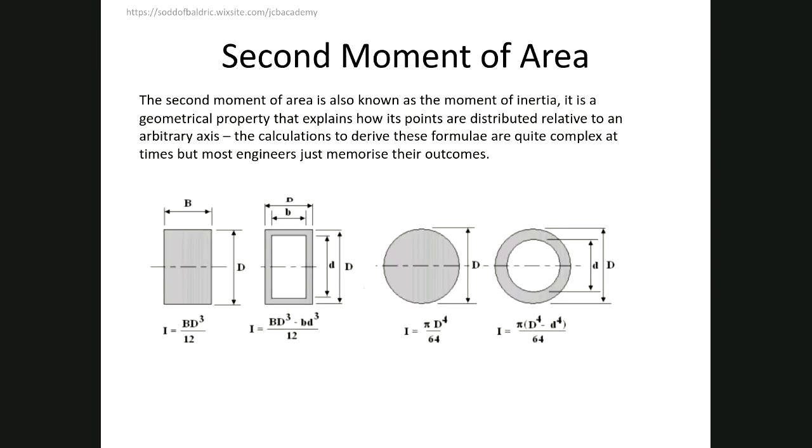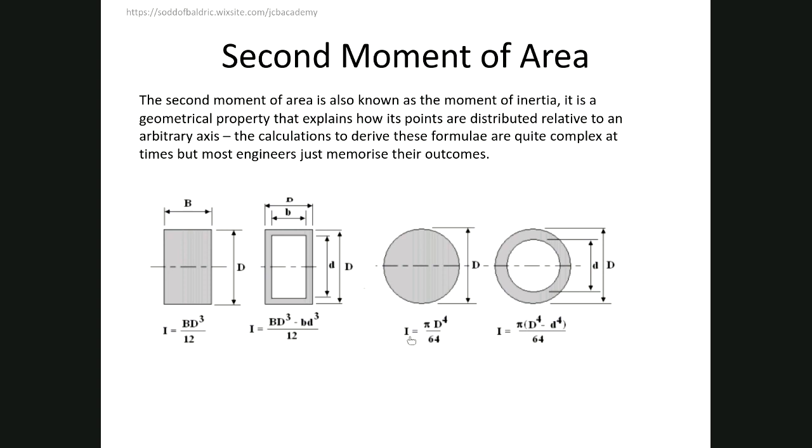Now the second moment of area, sometimes called the moment of inertia, is used to determine how a beam's area is plotted around a three-dimensional axis. The way we derive it is very complex for you at level 3, but generally what we do is just remember these formulae, which will be given to you.